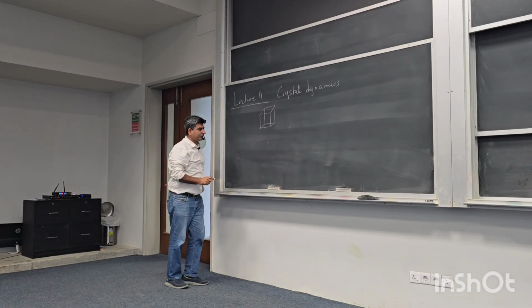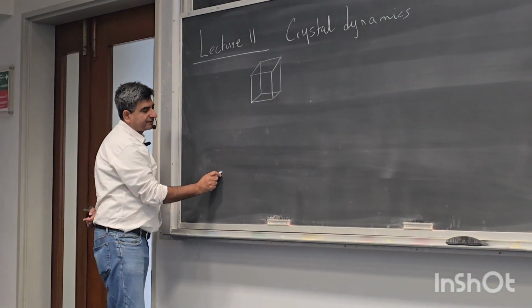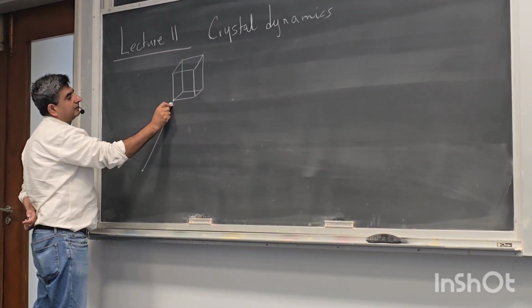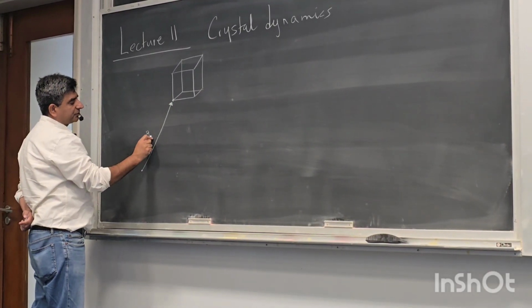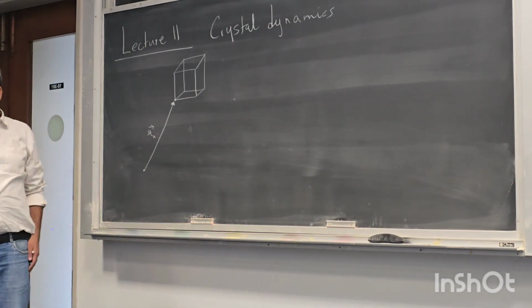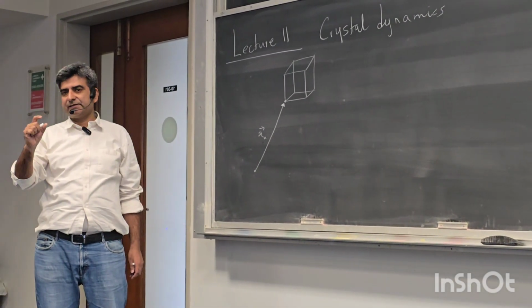Suppose this is the origin of the unit cell. So we define some origin inside the solid, as we've already done. Let's suppose this position vector is Rn. Now this index n specifies which unit cell we're talking about inside the solid.